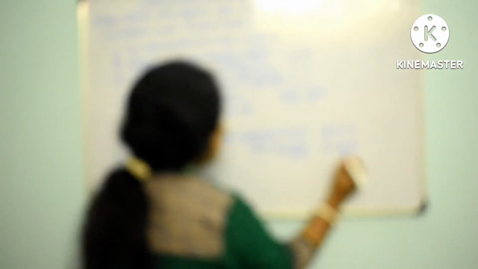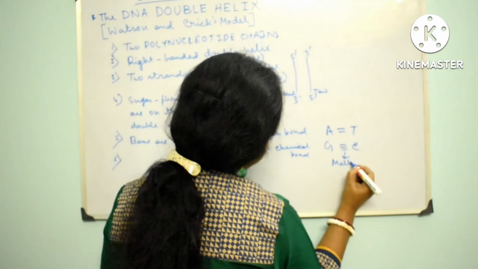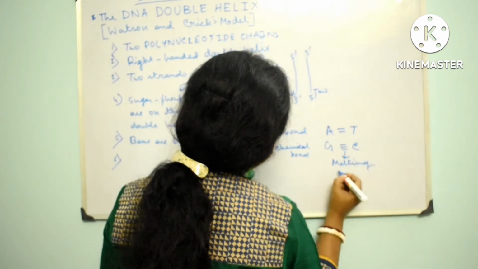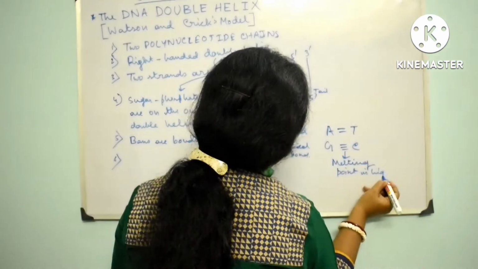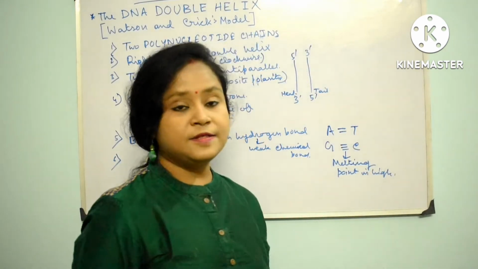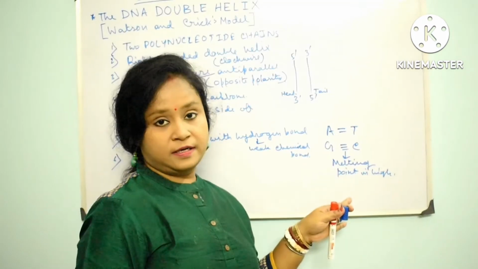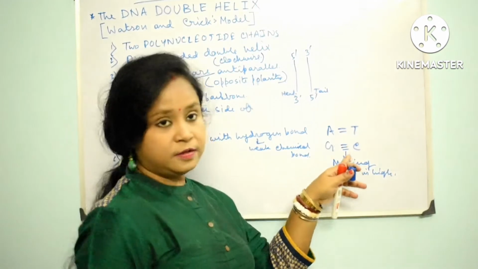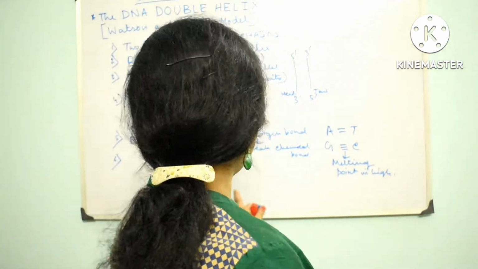For the presence of triple H bonds, the melting point is high. The GC percentage determines the melting point. So on the whole, how can we conclude it?